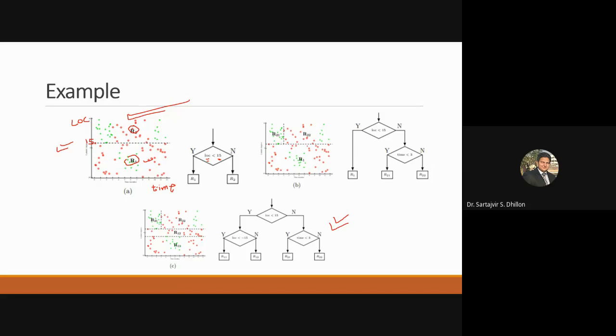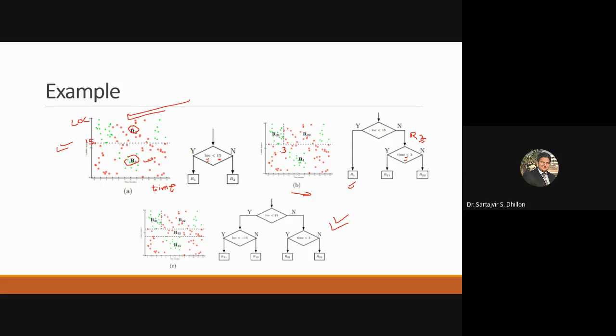If you want to further subdivide the space, you can do it very easily. Region 1 is covered, and this one is your region 2. If you further want to divide region 2, then you have to apply another parameter on the x-axis, which is time.